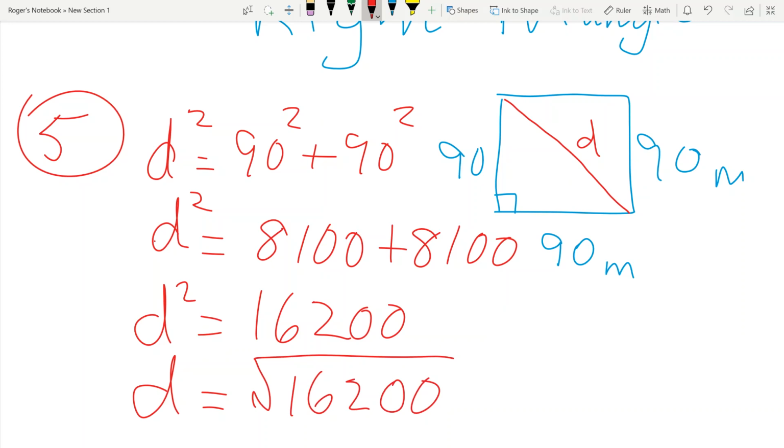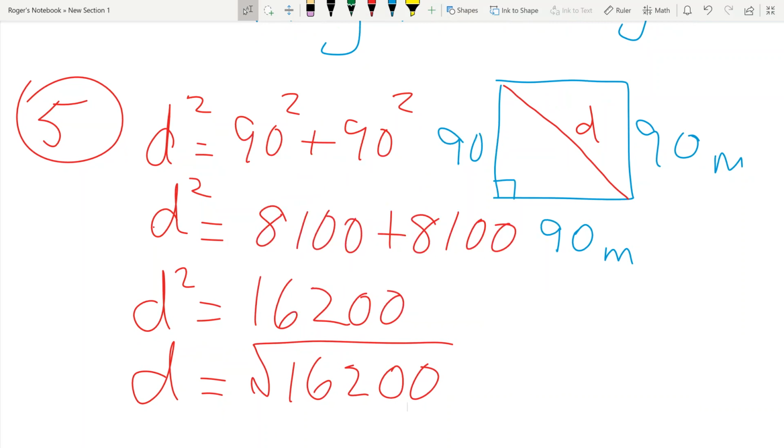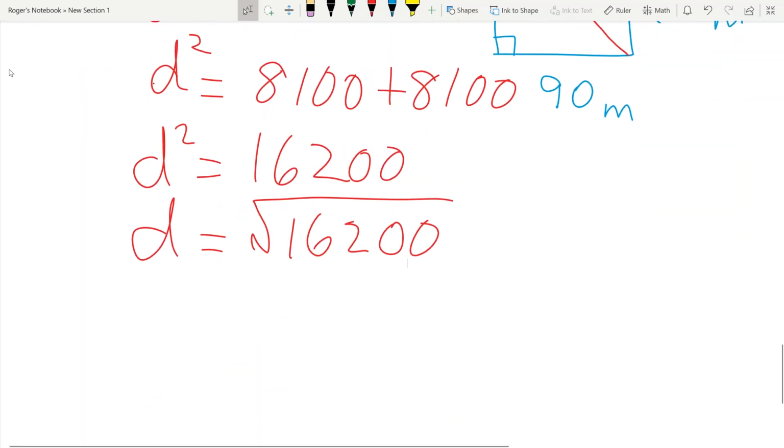So let's go ahead and work that out. So adding these two together then, we get 16,200.